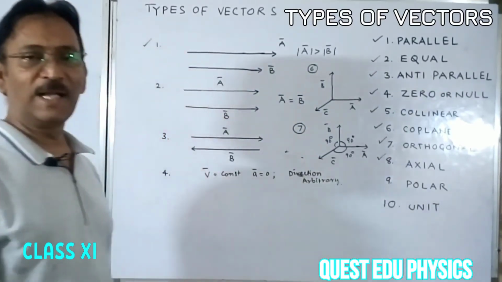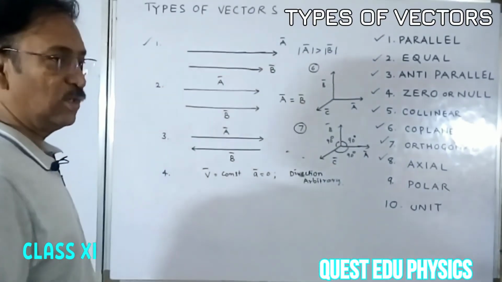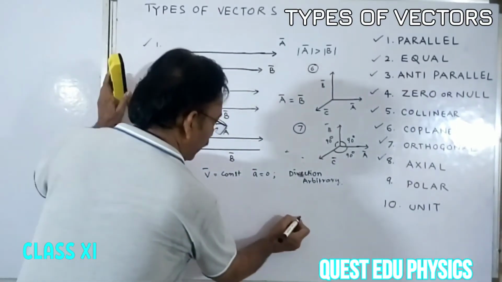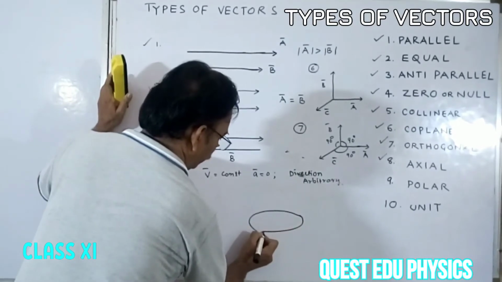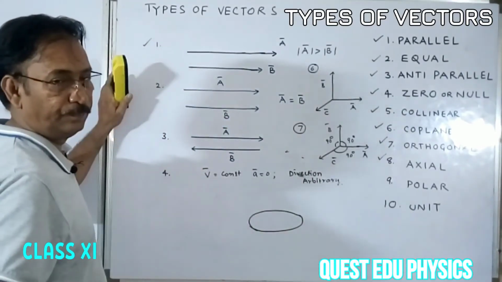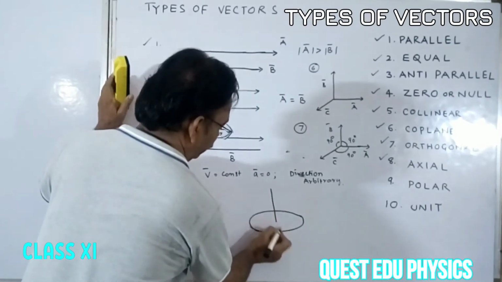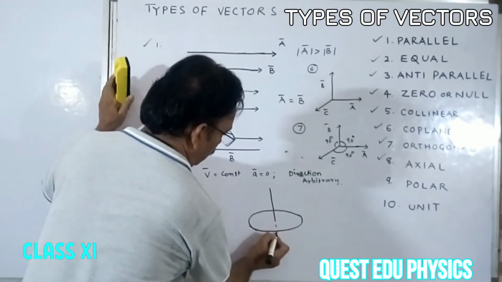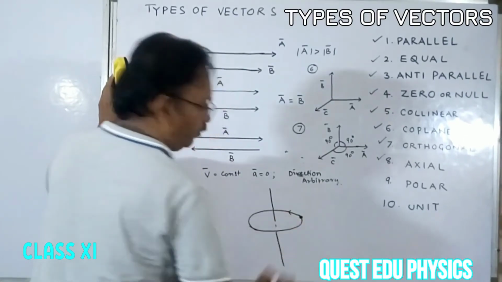Then after, it's a very important one. We are talking about the axial vectors. What is an axial vector? You have to understand. For example, say there is a circular path, and we took an axis. A particle is moving in the circular path.